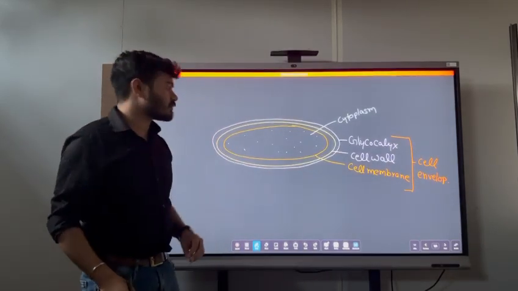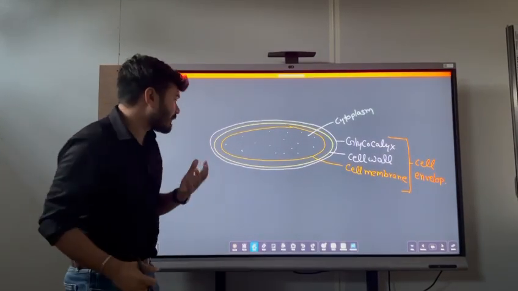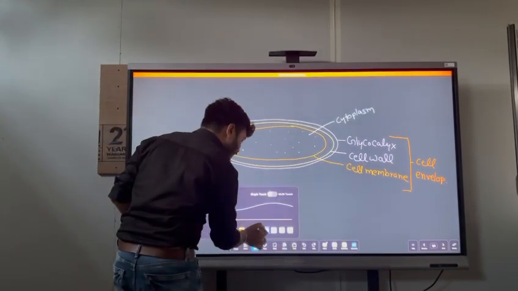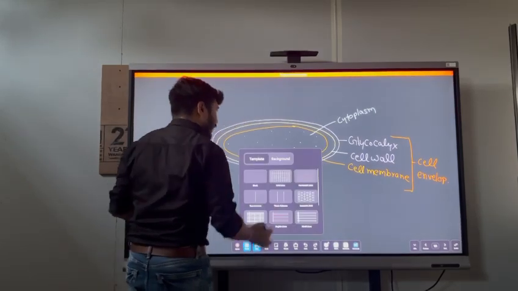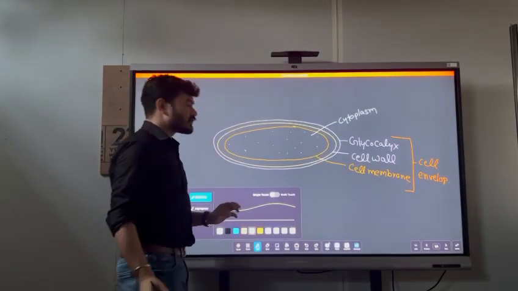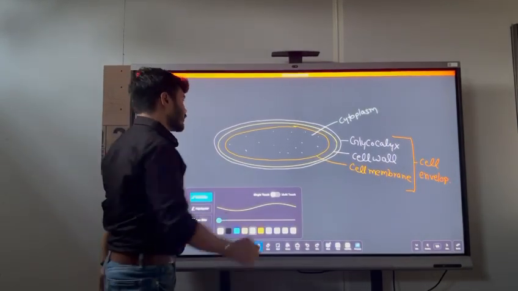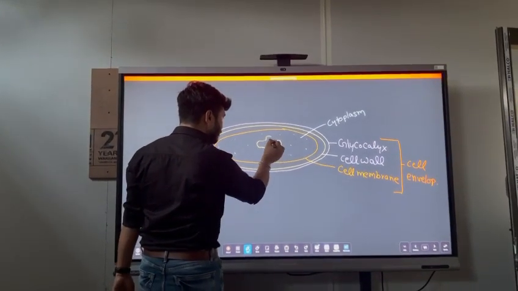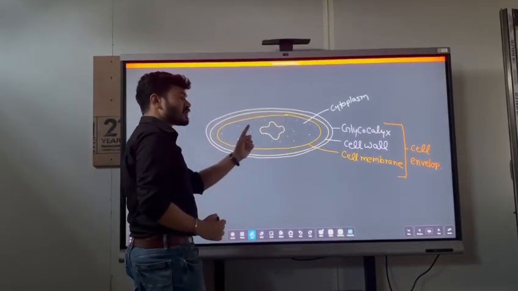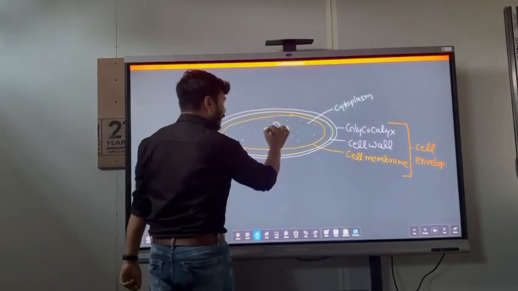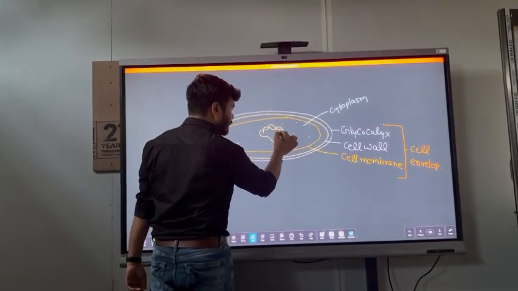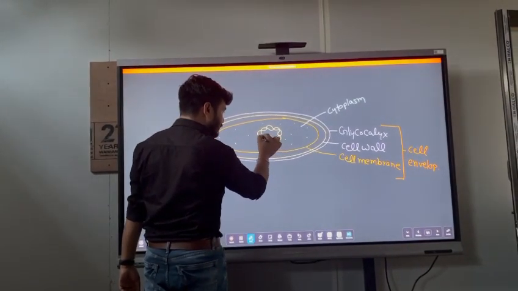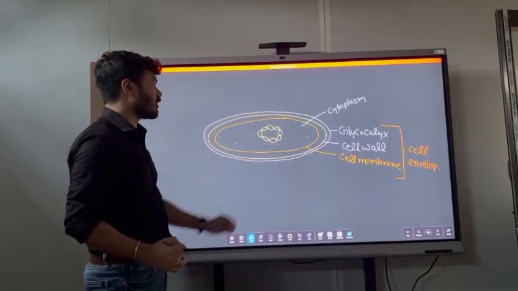Inside the cytoplasm there is genetic material, naked genetic material, present here. I am going to mark the genetic material of the cell. This is the DNA of the cell. This is the first strand of the DNA. I am going to mark another strand, the second strand of the DNA.